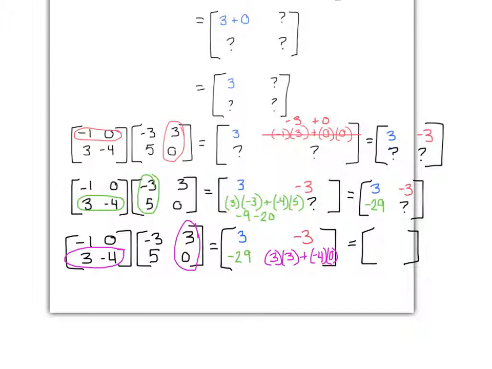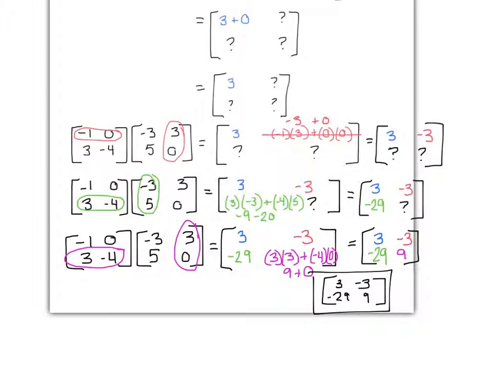Fill in what I already know, and then simplify the last element. So that's 9 plus 0, so it's just 9. So my answer is the matrix 3, -3, -29, 9.